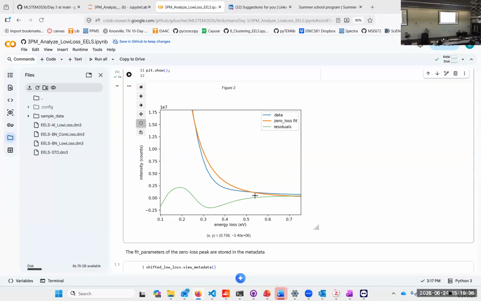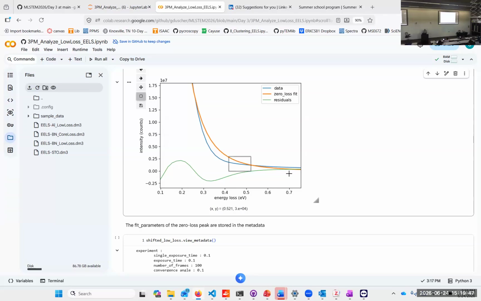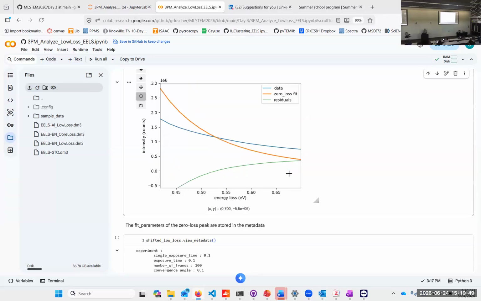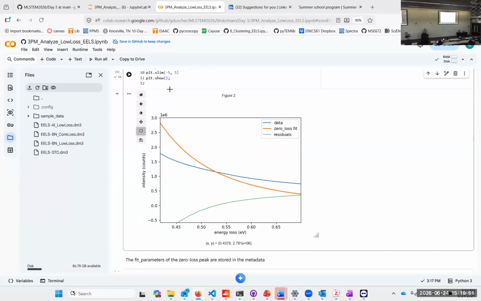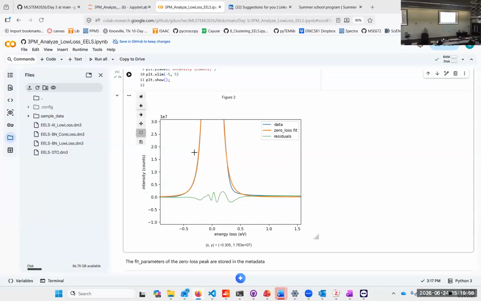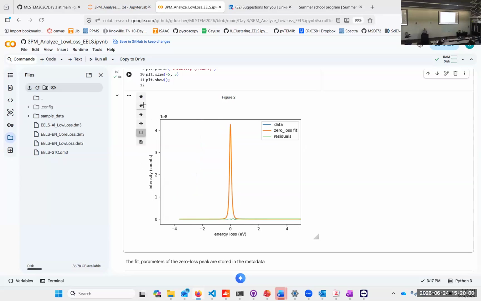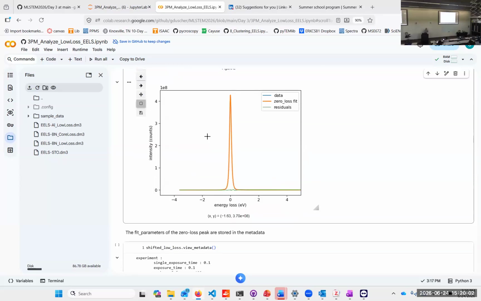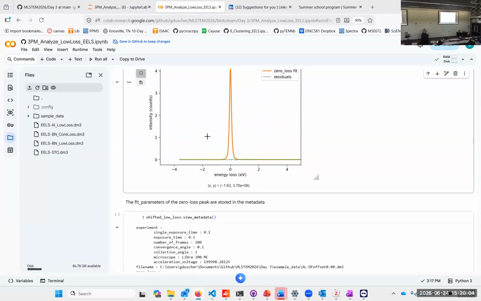And I must say it depends, and I would not necessarily trust that. But what we can trust for sure is at very low energies that this is actually a good representation here. Okay. So we have the zero loss peak, very well covered.